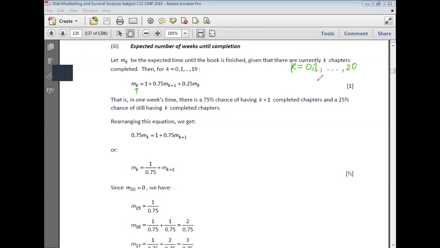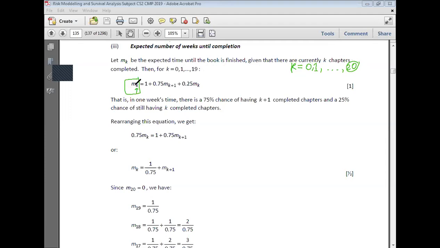Now what they are saying is that here they are only considering K from 0 to 19, because if you are satisfied with all the chapters, then there's nothing to look forward to. So they are defining an equation for the time that you expect for the book to be finished.